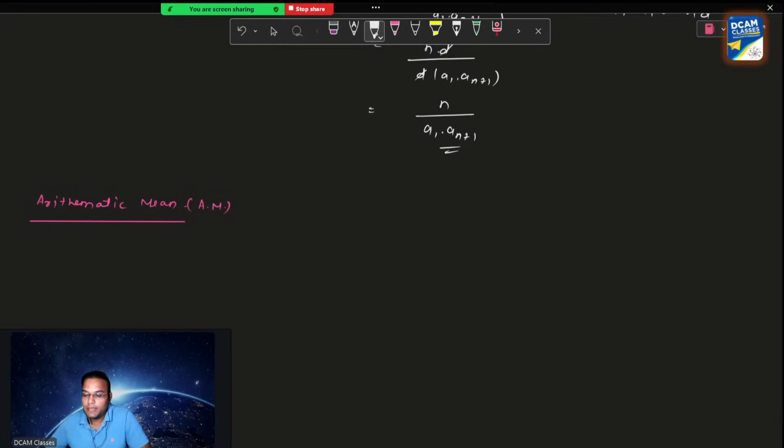Suppose we have two numbers, A and B. The term which is the average, meaning the middle term, the middle quantity, is known as the mean.